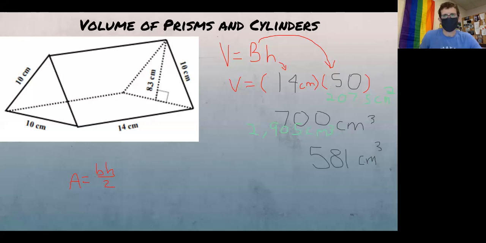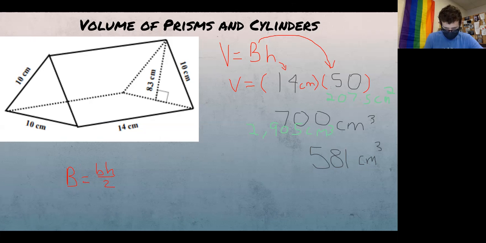So with this, we knew the height of the prism. Now we need to find the area of the base. And maybe instead of calling this A, I should have put a capital B here so that we know that this gets substituted in for that right there when we're done. Okay, but not a big deal. So now we're looking at this triangle.